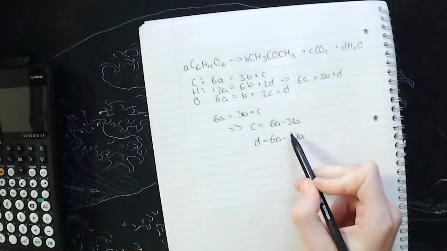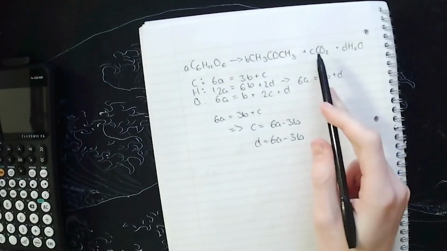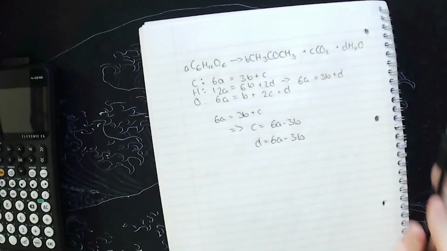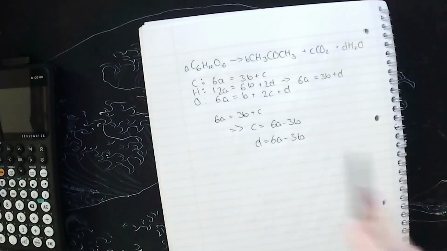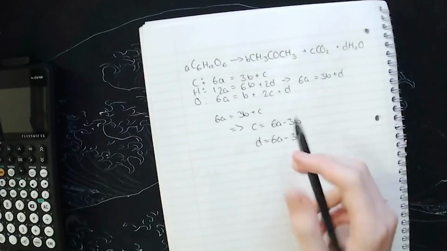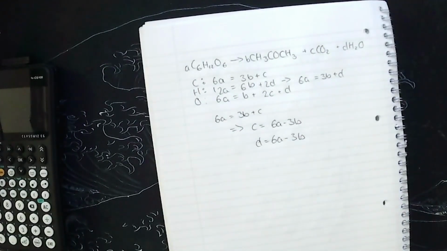What this is telling us is that the stoichiometry for carbon dioxide and water will be the exact same. So it gives us a little hint. So if you get this far and you wanted a hint, you could use that. If you've got the hint now and you can see the answer, then that would allow you to go through with it a lot more easily.